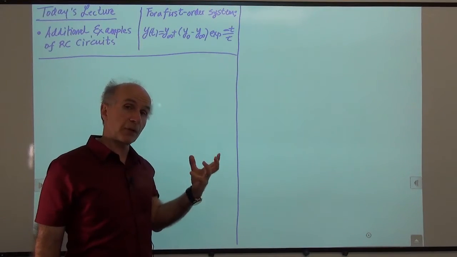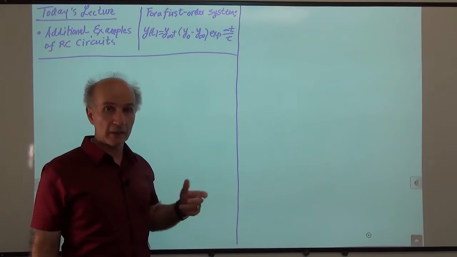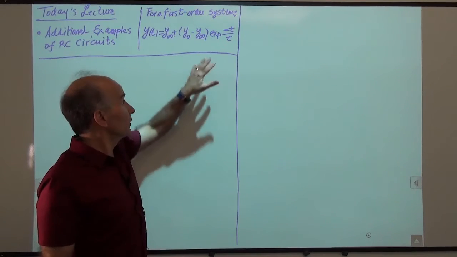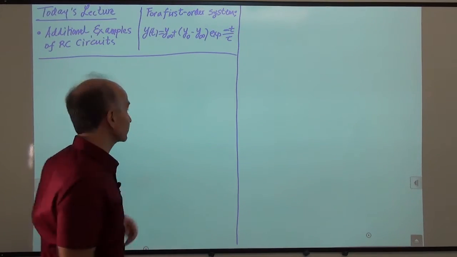Because the system is of first order, it is meaningful to define a time constant for it, as we have seen in the past. So I'm going to use this equation to solve this example that we started last time.